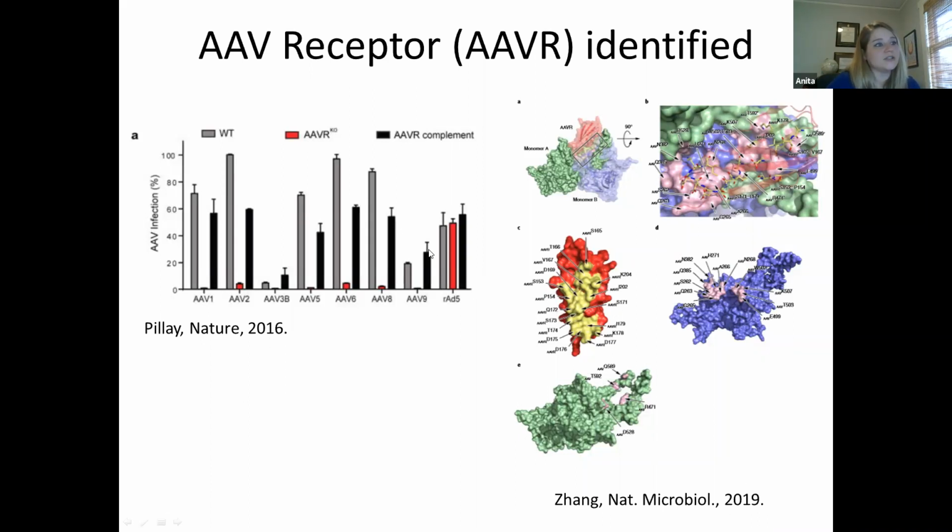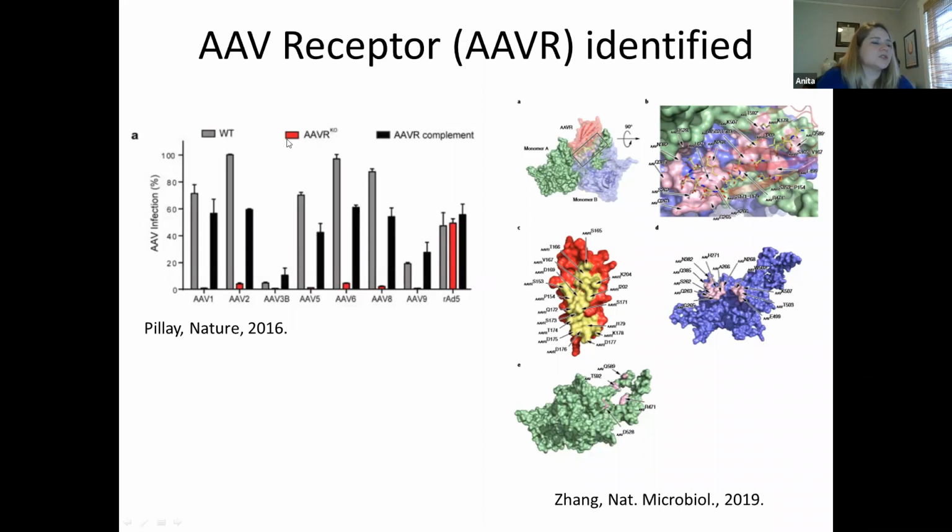If they do an adenovirus, it actually doesn't have an effect because adenovirus goes in through a different mechanism, but this AAV receptor is necessary across the serotypes. Again, there are other receptors that can help a virus enter a cell. So the complement of receptors that are expressed by your cell of interest are going to facilitate entry of AAVs into the cell, but at least it needs to express the AAV receptor.